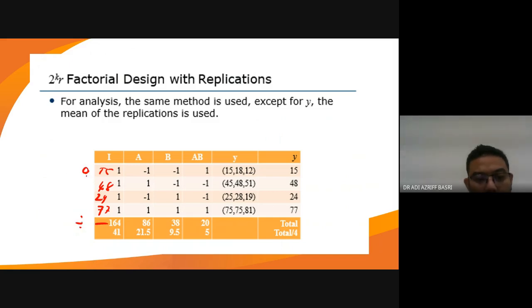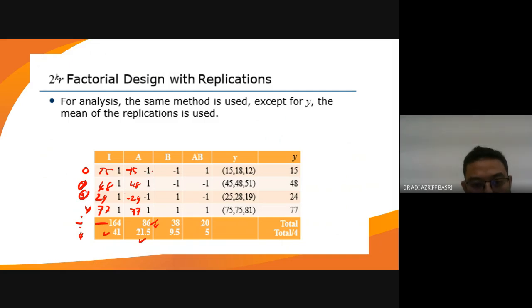You have 1, 2, 3, and 4. Divided by 4, you will get 41. So same like this, negative 15 times 48 plus 48 minus 24 plus 74, you get 86. Okay, divided by 4, you will get 21.5.